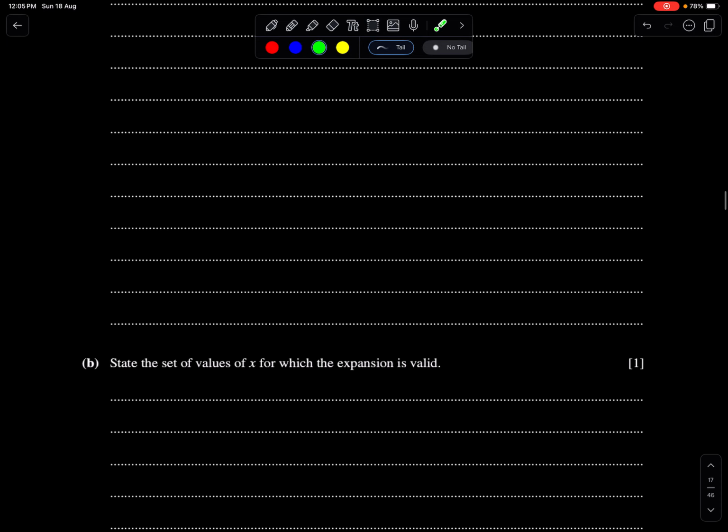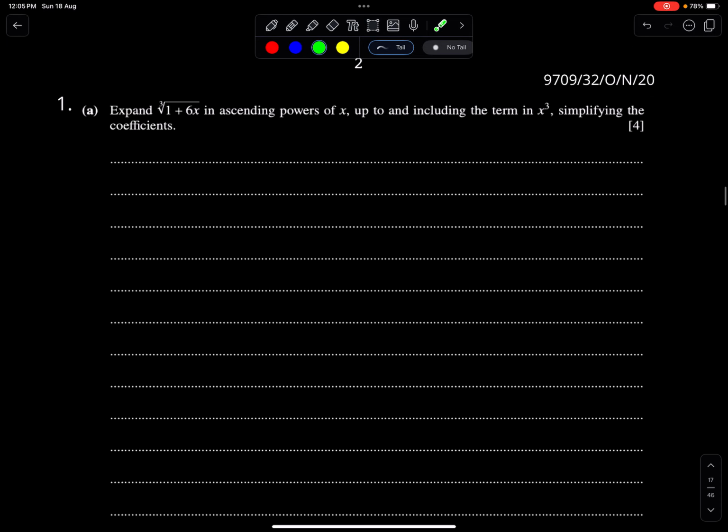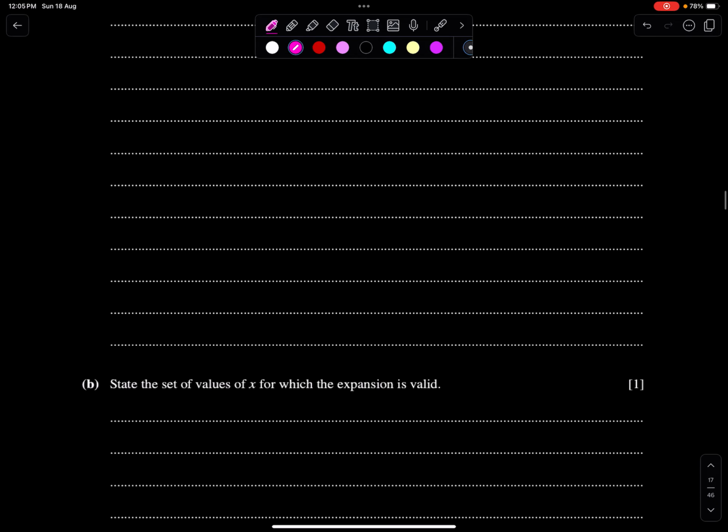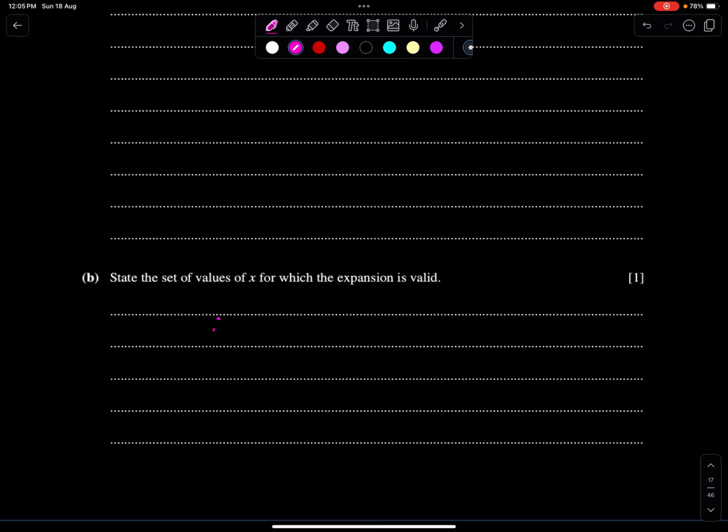I'm discussing the last part of this question. This question is from November 20, paper 3-2. We need values of x for which this expansion is valid. Second term is 6x. So we need to replace this x by 6x. And we need to solve the inequality for modulus x.